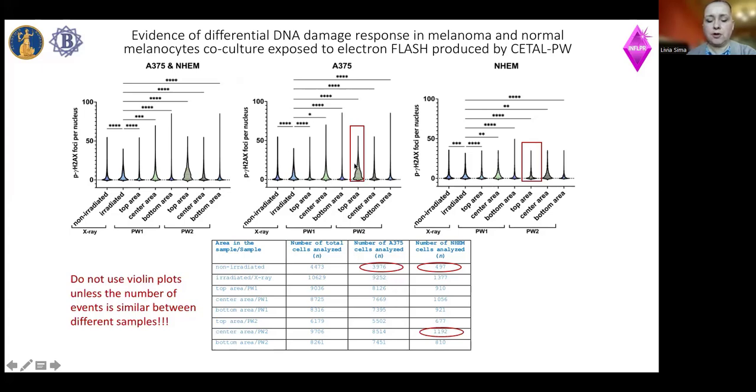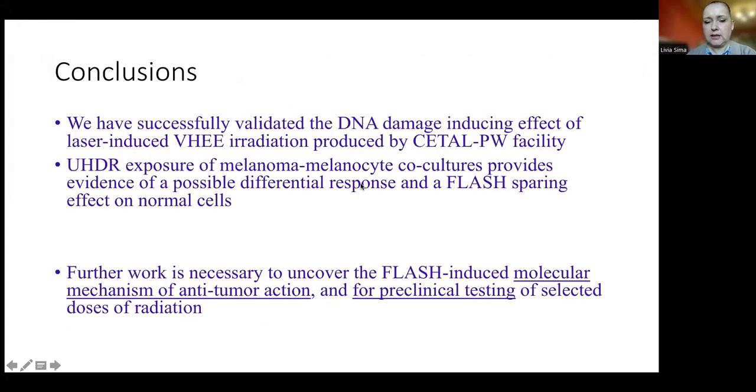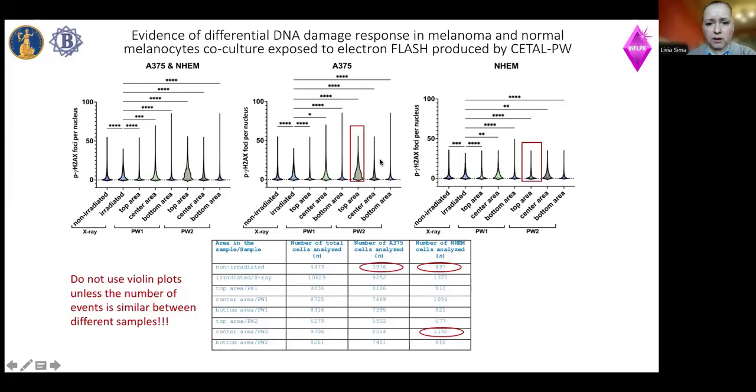So you have to be very careful because these bulky violin plots can mistakenly be interpreted as a higher signal, but instead there is a higher number of events that is analyzed. So just be careful when you choose the exact graphing option for your data.